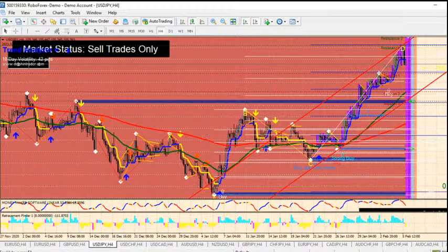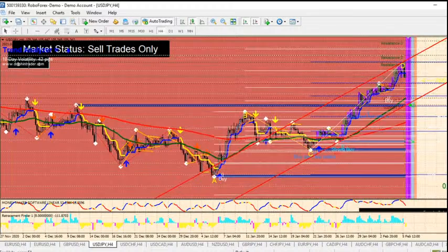USD JPY. After the data release we find a reversal, and the 4-hour candle shows a reversal, almost around the 23.6 Fibonacci retracement, and it could not break resistance 1, pulling back to support 1. And we can see the 50 also coming to the price, and our retracement finder also shows a signal that we may find a reversal here.